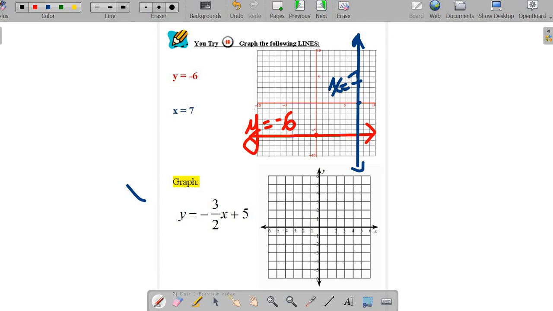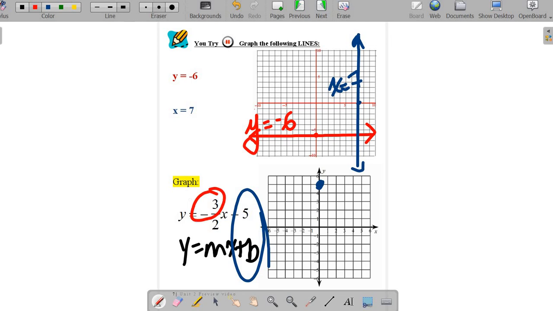Here, y equals mx plus b. My b is +5. And my slope is negative. So I'm going to go down 3 and run 2.